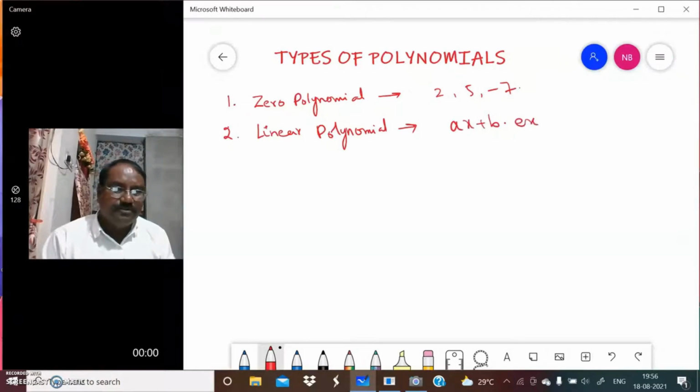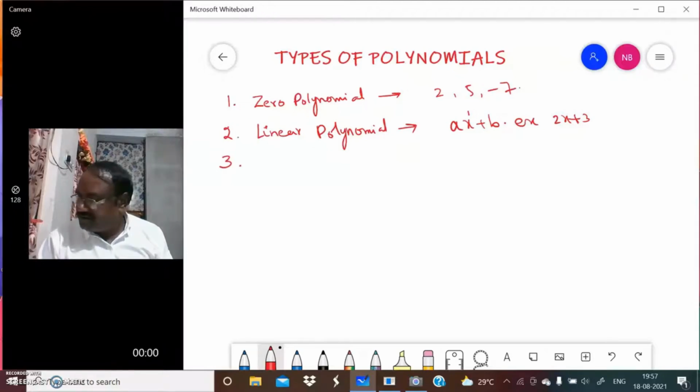For example, 2x + 3 or 5x - 7, whatever it may be, it should be in the ax + b form. Here the degree of this variable is 1, so the degree of this total polynomial is 1, so it is called a linear polynomial. And next is called the quadratic polynomial.